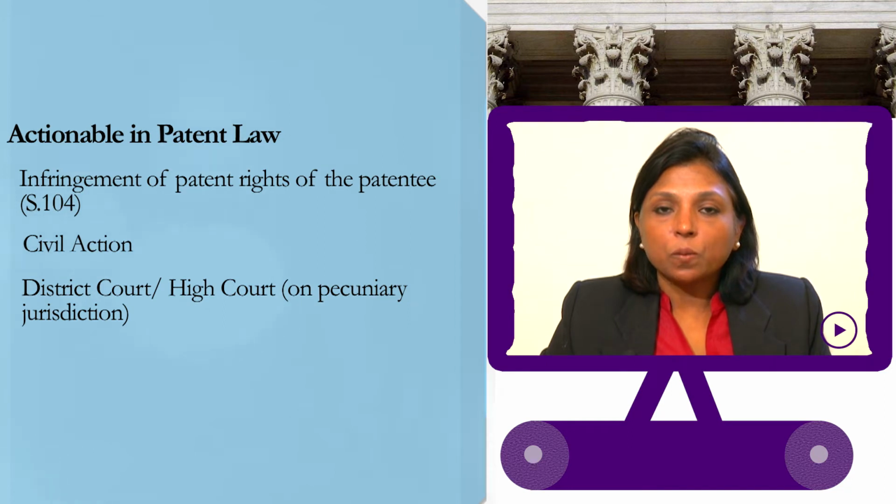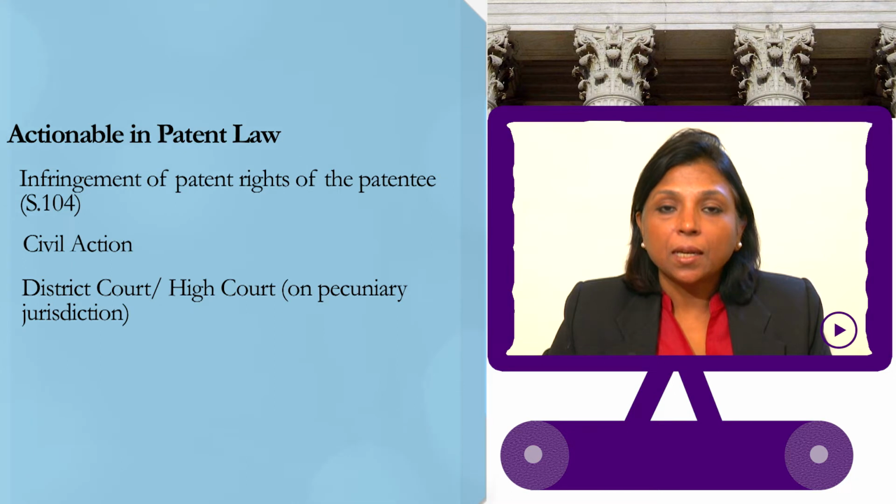So, one assumes that if the pecuniary jurisdiction for a given state in which the territorial jurisdiction lies is below the mandated amount as per the state rules, then it will lie in the district court. The proviso to section 104 is very interesting.